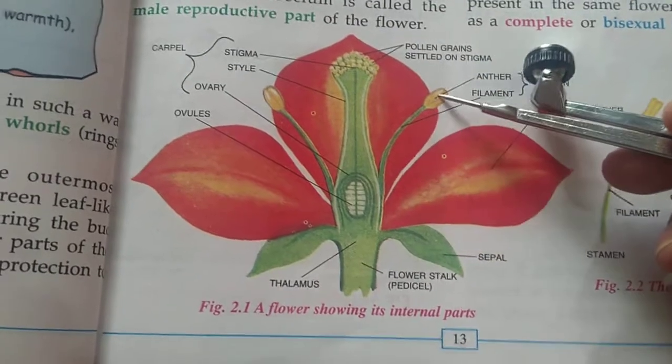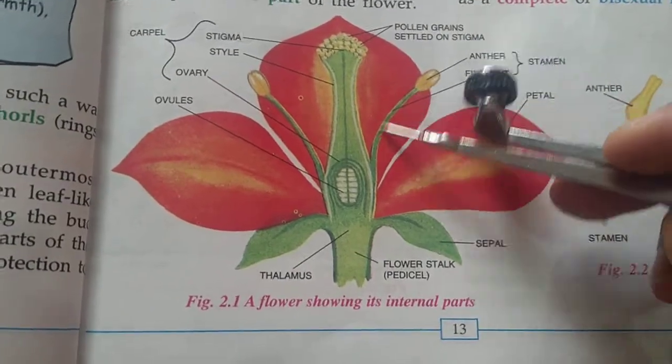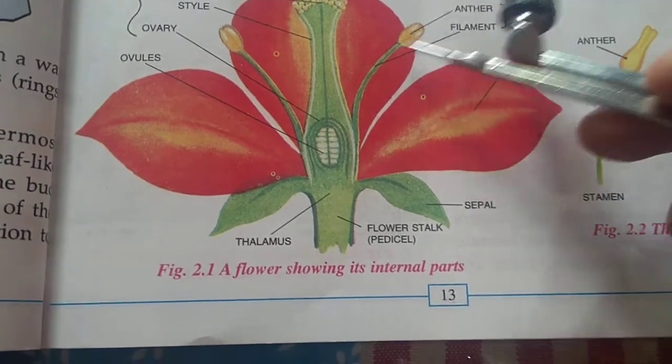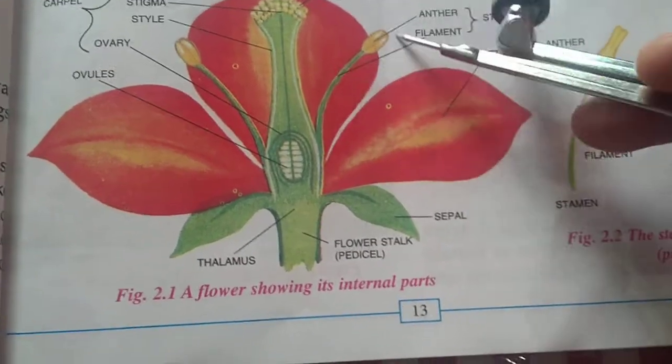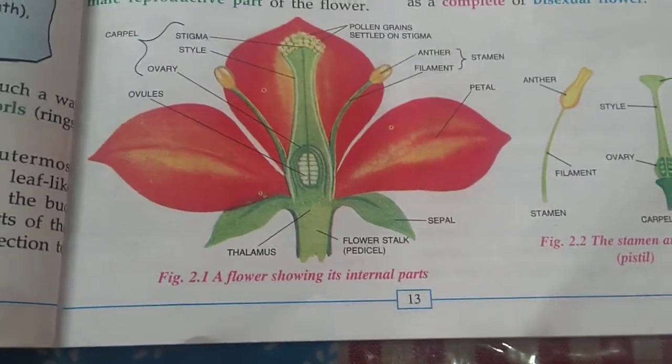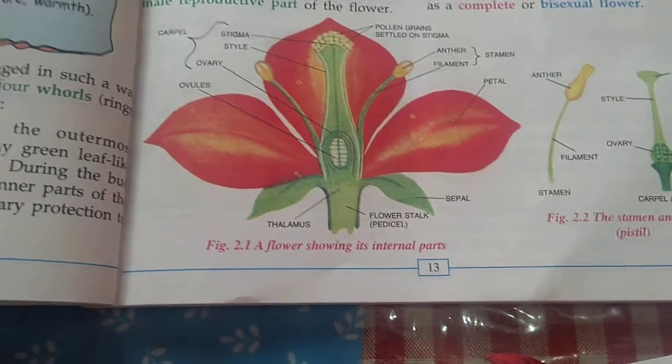This is your stamen. This green part in which the anther stays is a filament, and the anther consists of pollen grains. Now I'll tell you what is anther and what is your filament.